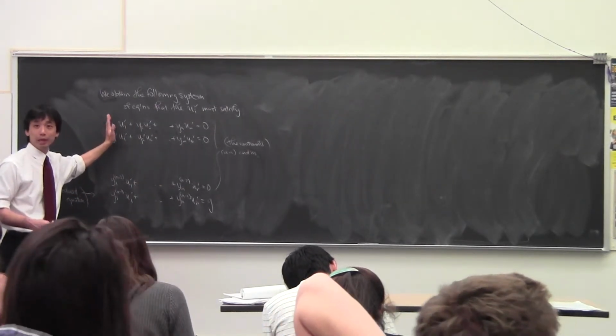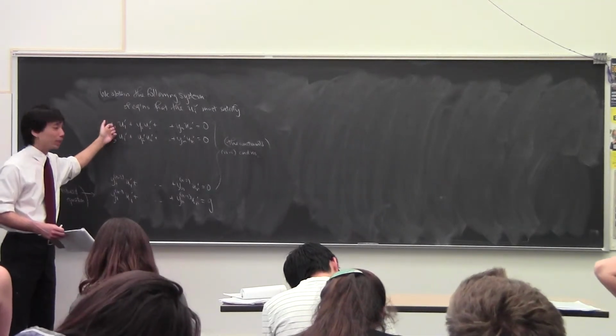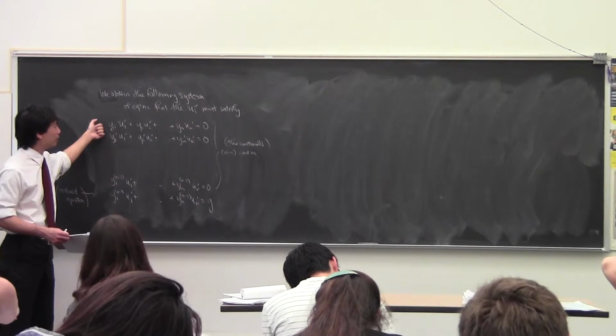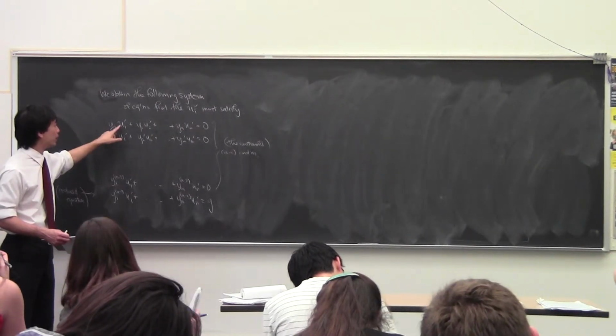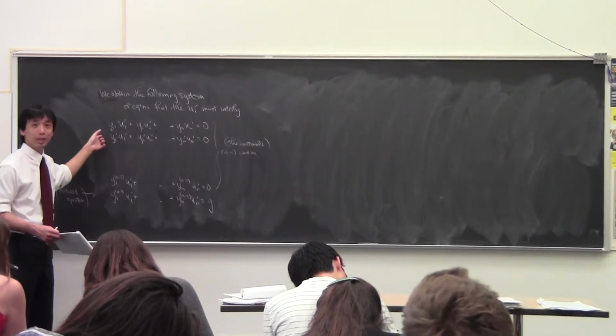Okay, so here we have an n by n system, right? And what do you see about the system? That we can solve for the ui prime if what happens?